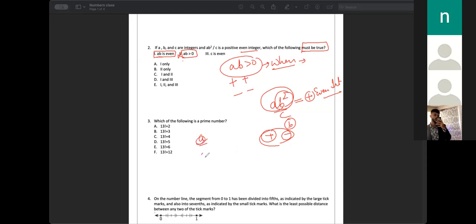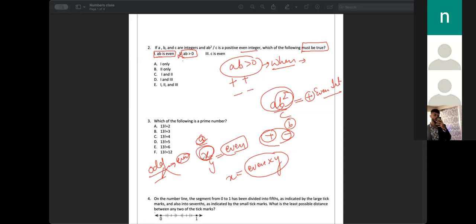Think of it this way: X upon Y is some even number, so X is always equal to even into Y. Then only it can be even. You divide something and you get an even result. Can odd upon something be even? No, it can't be. The numerator has to be even because it's Y into some even integer.